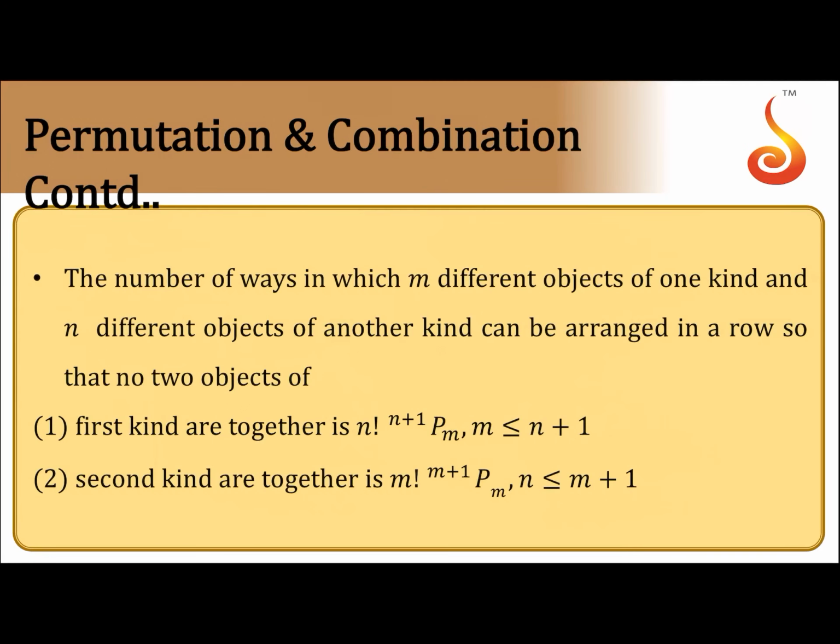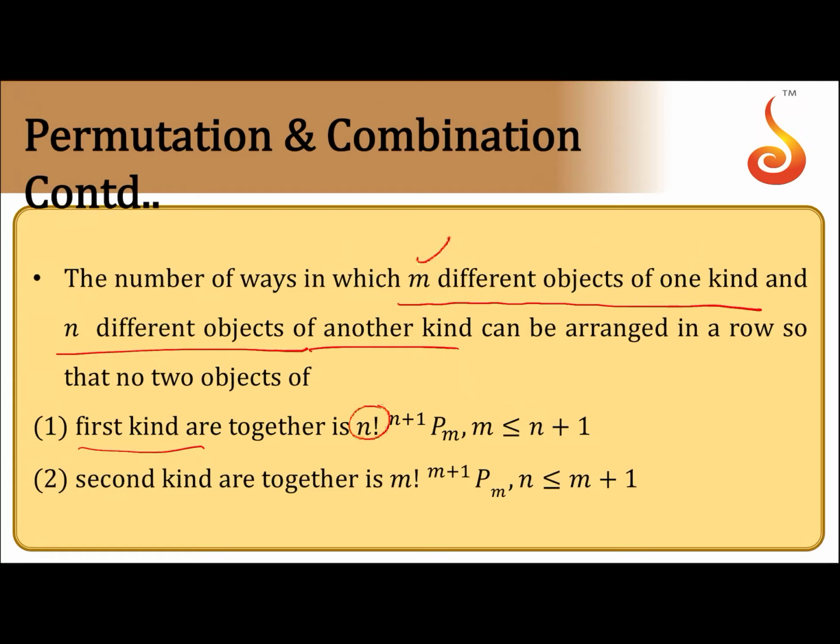Coming to restricted arrangements: the number of ways in which m different objects of one kind and n distinct objects of another kind can be arranged in a row so that no two objects of the m things are together is given by arranging the n things in n factorial ways.